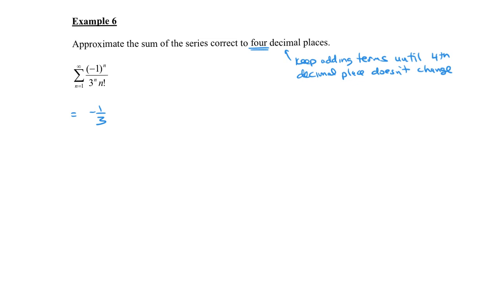So let's see, it's going to be plus 1 over 3 squared times 2 factorial. Now on your calculator, if you use a TI-83 or 84, for the factorials, press the math button, far left column, and then scroll over to the PRB, probability, and you can see the 4th one down looks like an exclamation point, it's factorial.